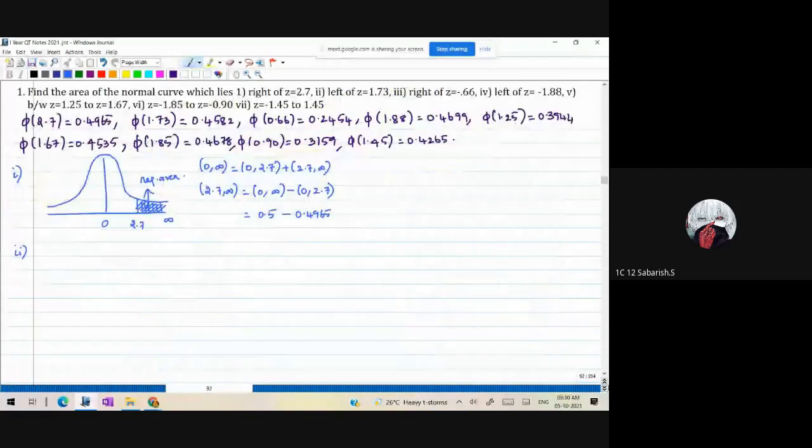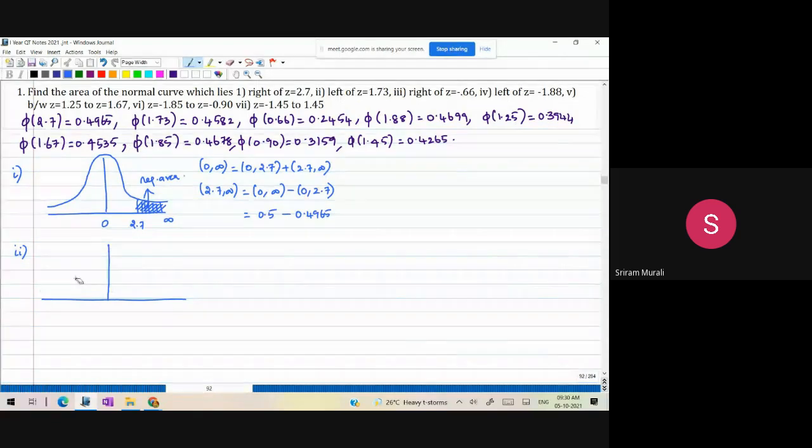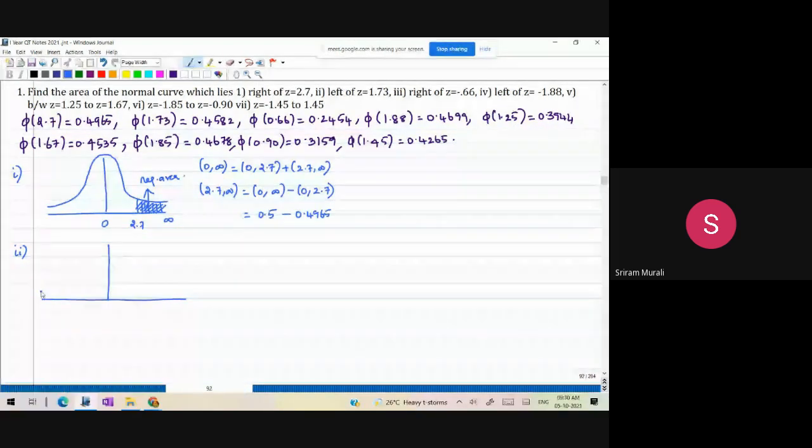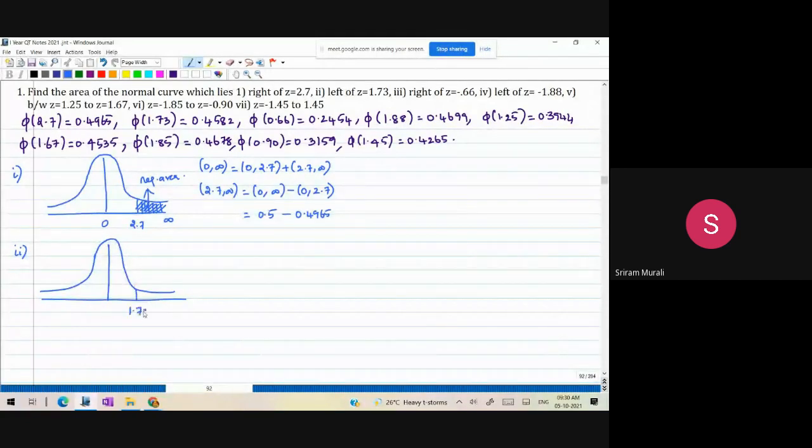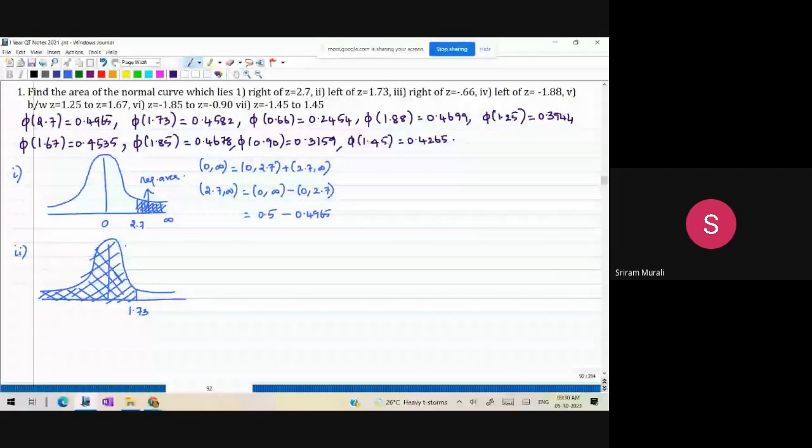If I come to the second subdivision, you have to draw the normal curve. 1.73 will come on the right hand side. Left of 1.73 means this is the required area. This is 0.